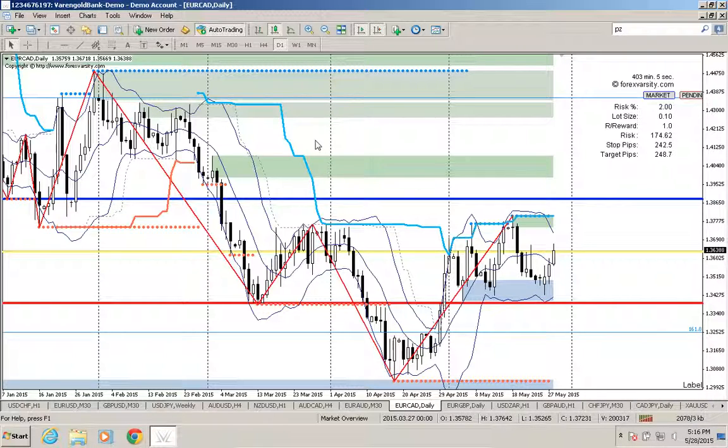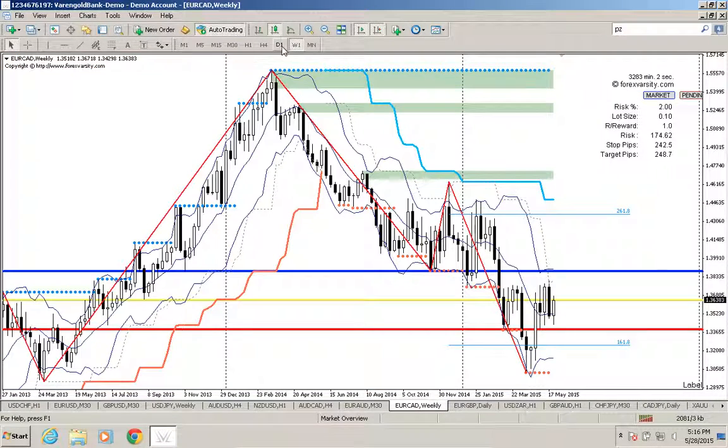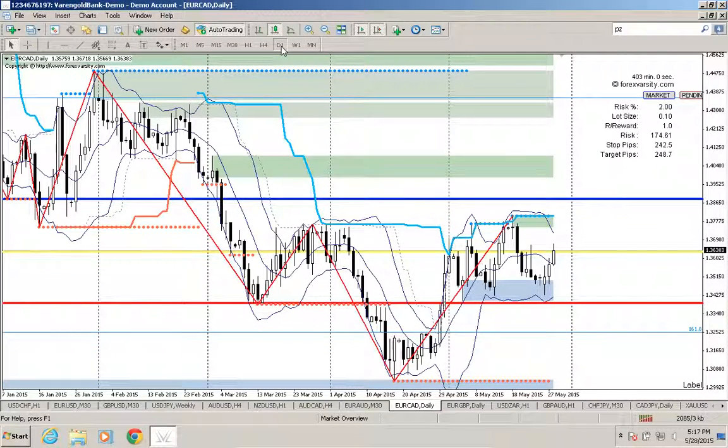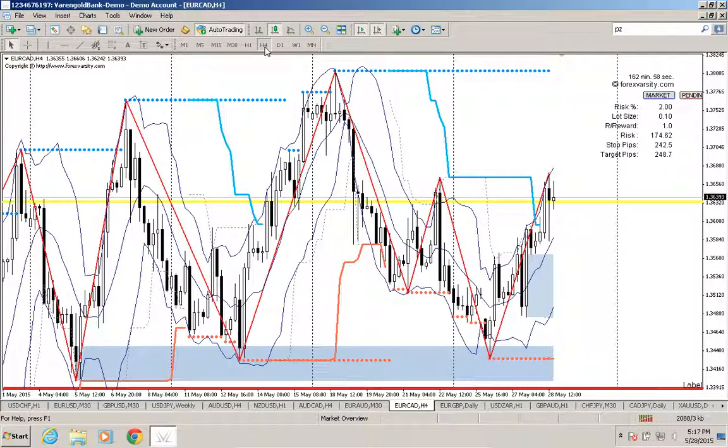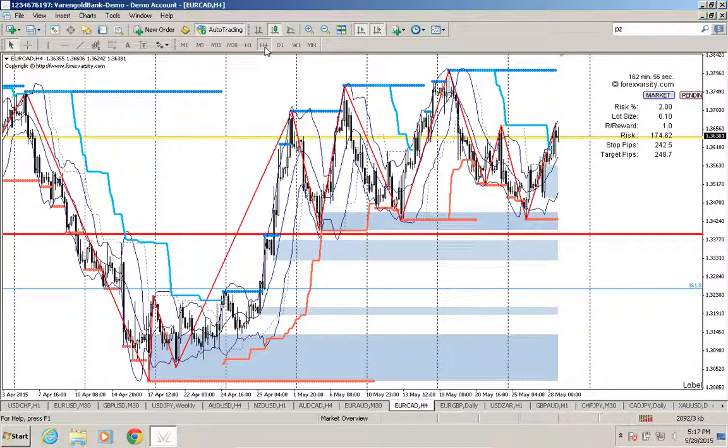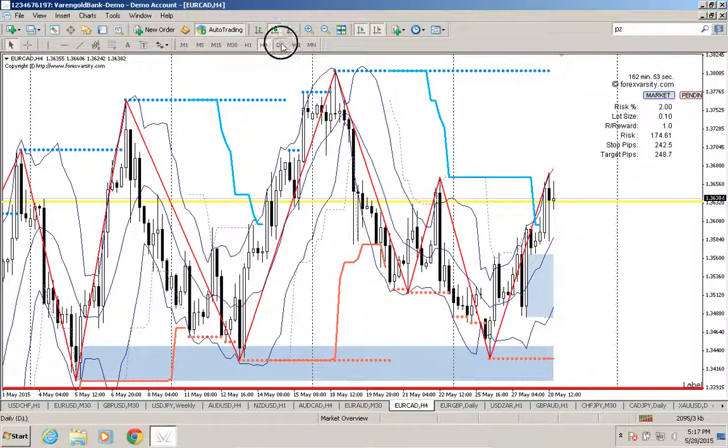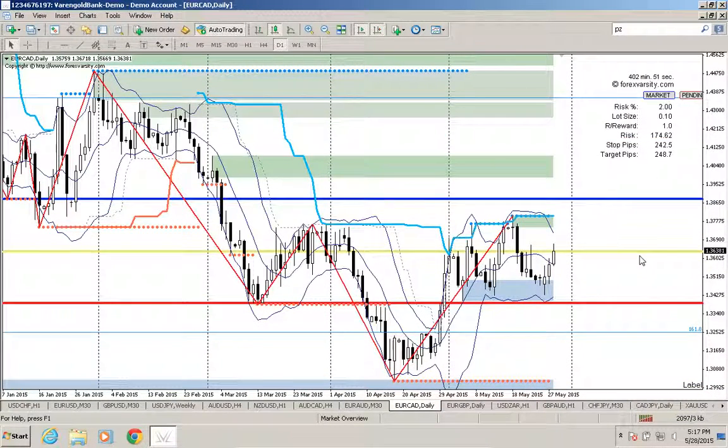Trend is down on weekly, trend is down on daily, ranging on 4 hours. Okay, so what is the most probable scenario for the EuroCAD at this point in time? It is going to make a new low.